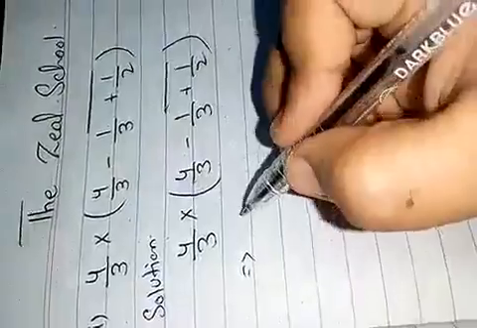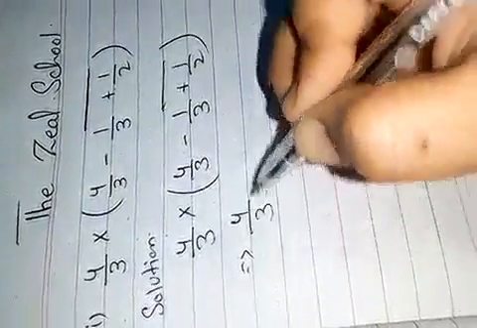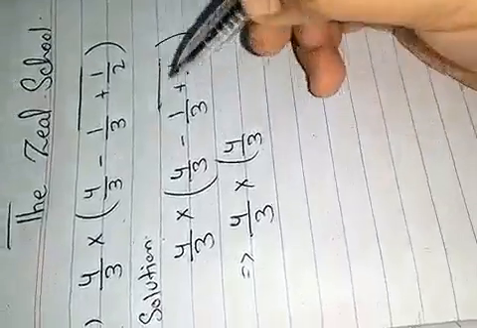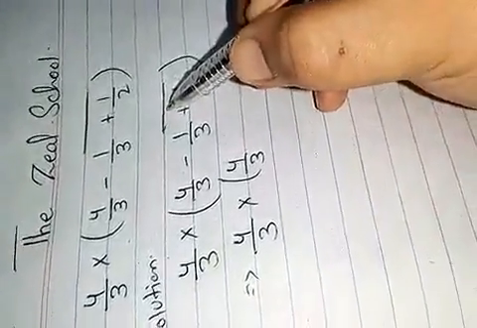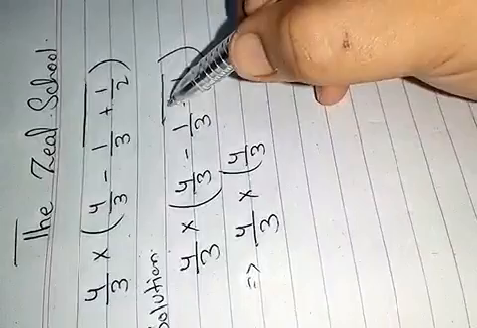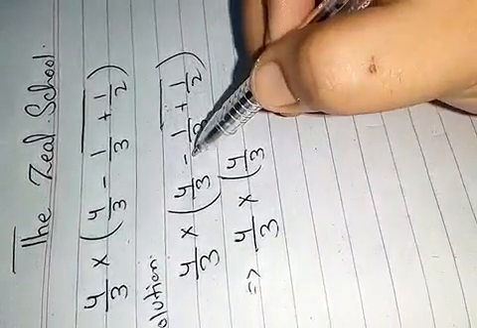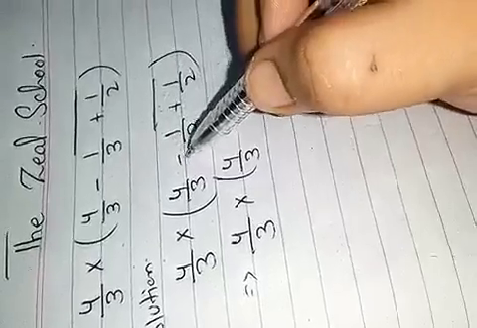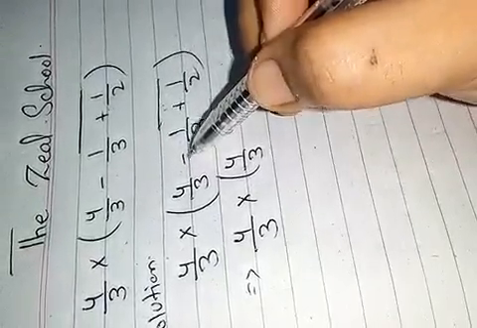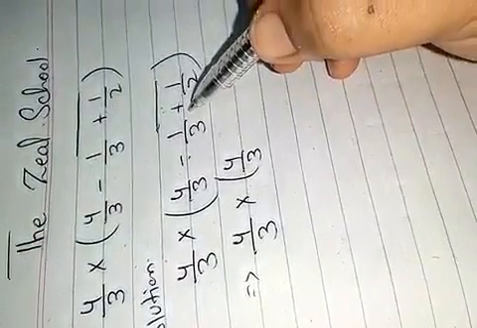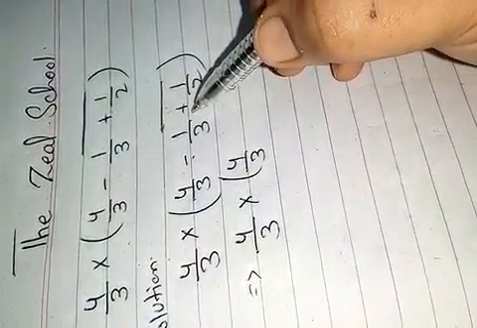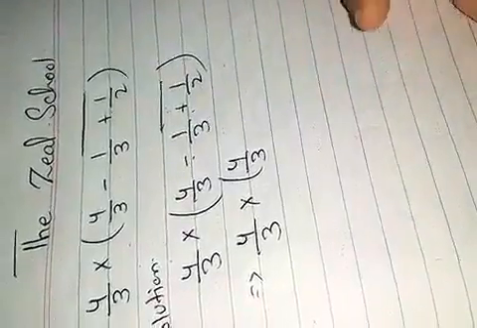First we write 4 upon 3 multiplied by 4 upon 3. Now the rule to solve this bar is, first we see the sign before the bar.